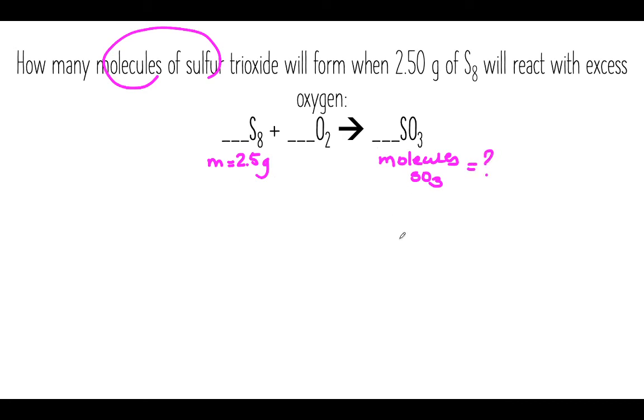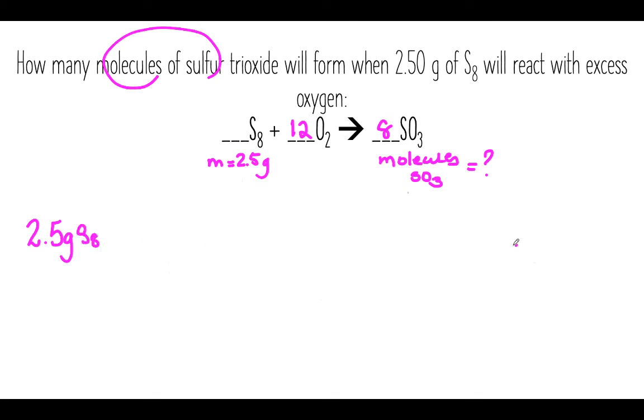Now, just like we've done previously, we're going to balance out our reaction first. The coefficients would be 1, 12, and 8. So now that I have a balanced chemical equation, I know what I'm given, I know what I'm asked to find. I'm going to start off with the value that's given to me in the question, which is 2.5 grams of S8.